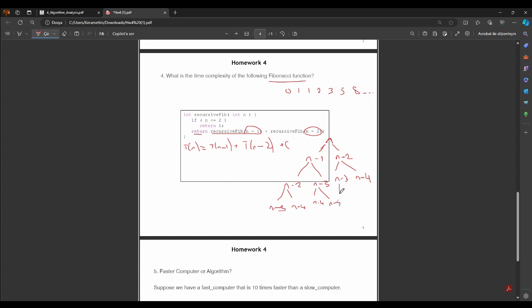They are the same, as you see here, n minus 4, n minus 5.